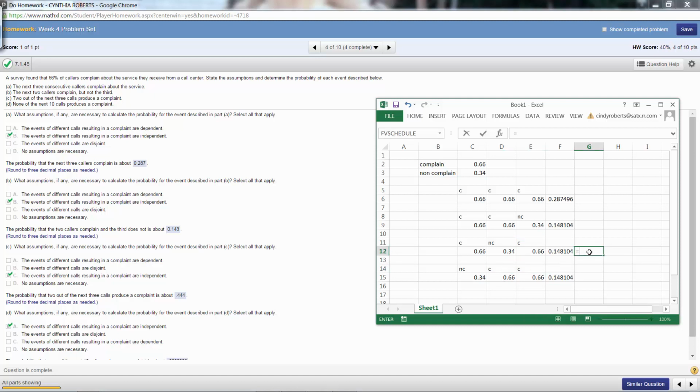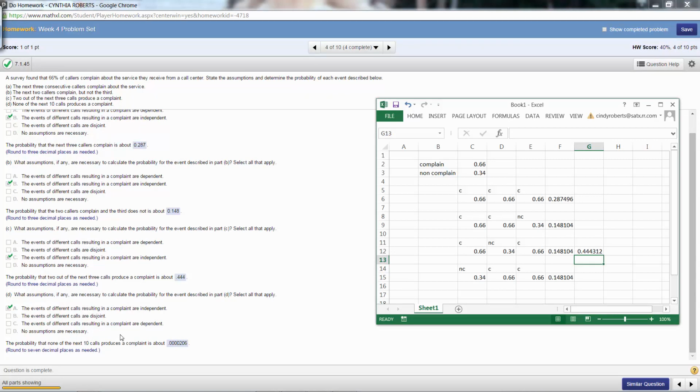Because or in probability means to add. So I add those probabilities, and that's where you see the 0.444. Again, these events of these calls are still independent.